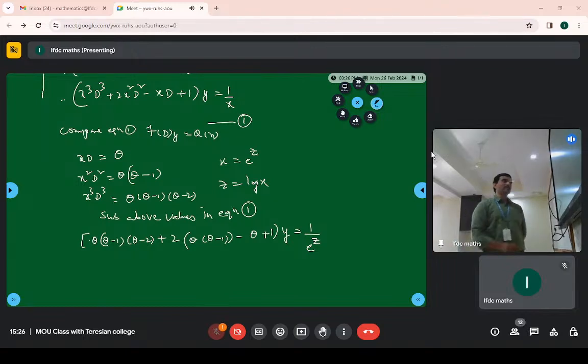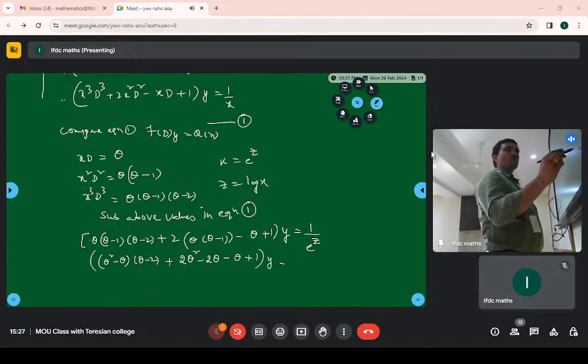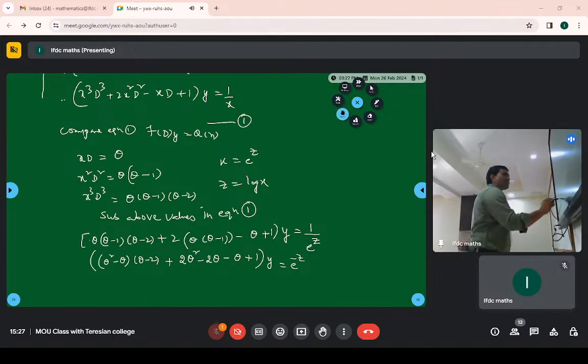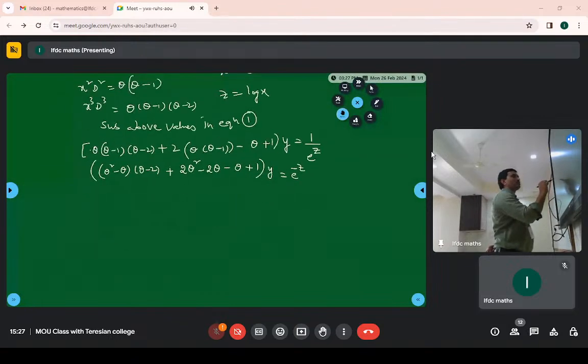Then multiplying inside: theta into theta square minus theta into theta minus 2 plus 2 theta square minus 2 theta minus theta plus 1, whole into y is equal to e power minus z. Then we still need to calculate more. So theta square into theta minus 2.